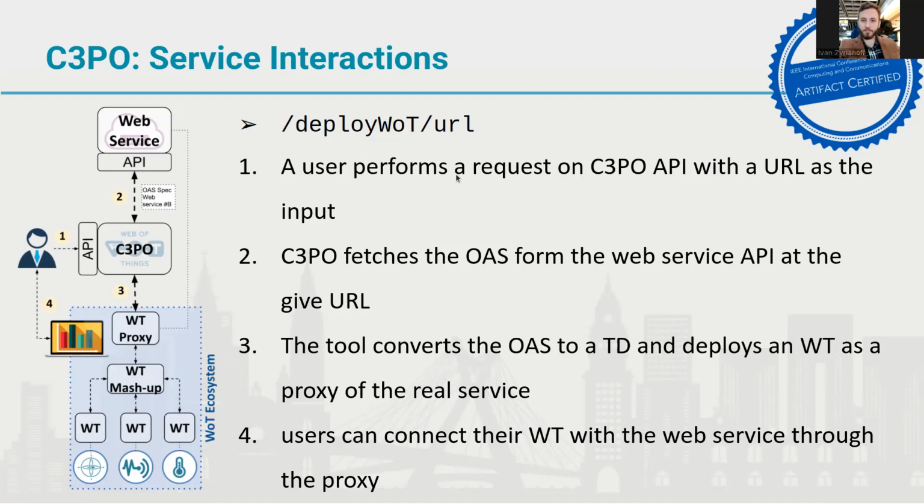First, a user performs a request to the C3PO API, given in the body of the request a URL where there is an OpenAPI specification. C3PO is going to fetch that specification from that service, translate that OpenAPI specification into a Thing Description, and instantiate a WebThing proxy of that.